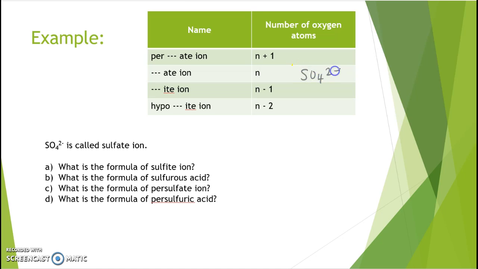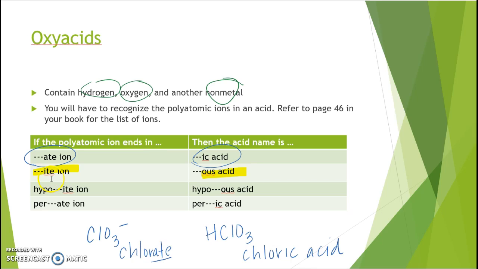is the main one, then sulfite is going to have one less. So sulfite should be that. And that's actually on the chart, so you could double check yourself. So sulfurous acid, you have to think back to this chart where the ite ion turns into the ous acid.